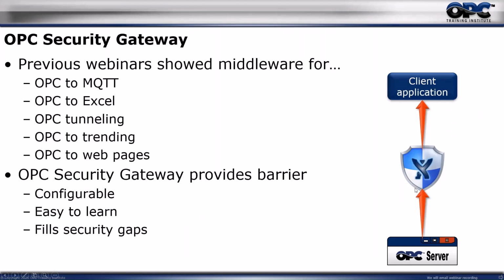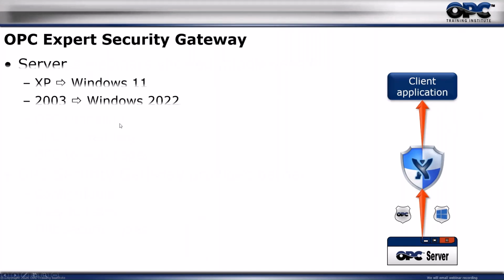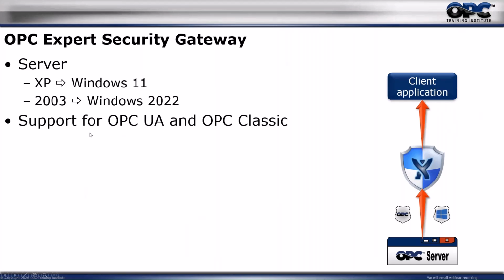Okay, so let's take a look at what's happening very specifically with OPC Expert Security Gateway. Well, first of all, the security gateway runs on Windows XP all the way to Windows 11 and Windows 2003, all the way actually to Windows 2025. So from very early to the latest stuff. Also, there's support for OPC UA and OPC Classic.